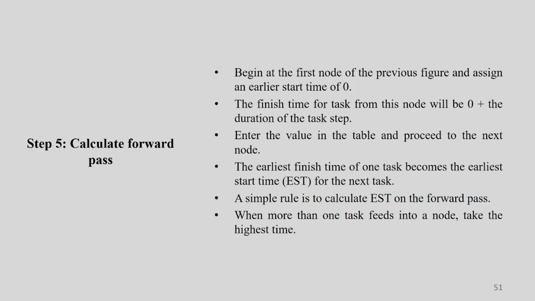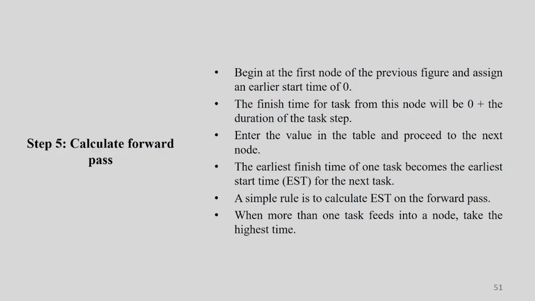Now once this is done, you have to calculate the forward pass and the backward pass. Let us understand it in detail. Begin at the first node of the previous figure and assign an earliest start time of 0. The finish time for the task from this node will be 0 plus the exact duration of that particular task step.